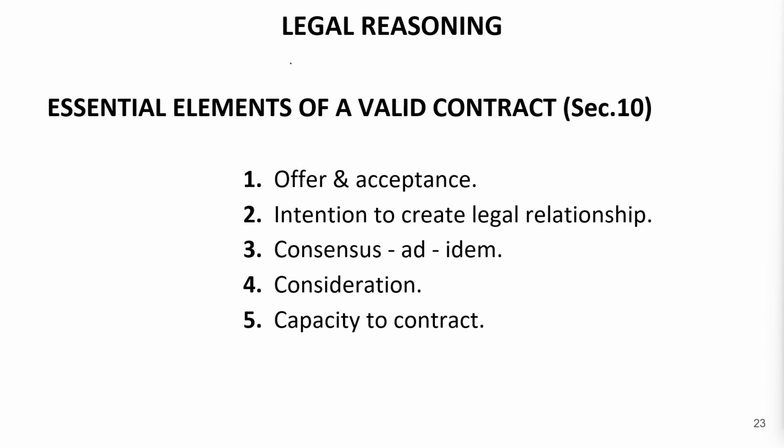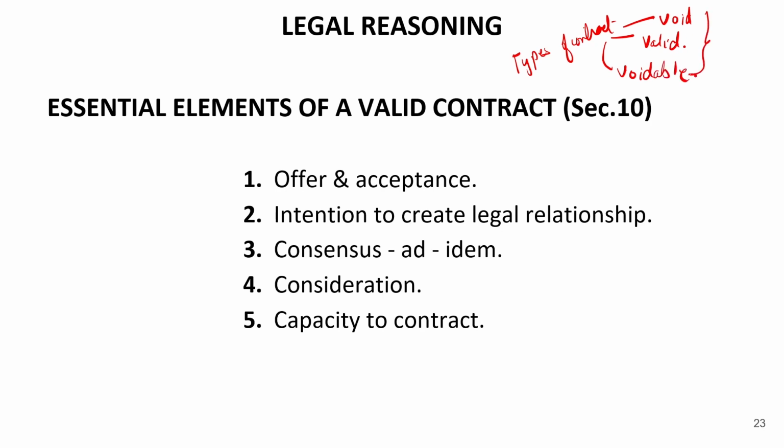As discussed in our previous lecture, when we talk about the types of contract, they can be divided into three major parts: one being void, second being valid, and the third being voidable.